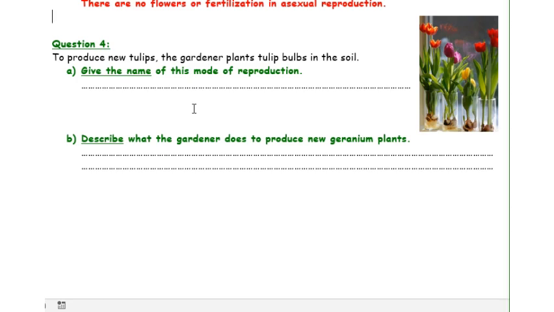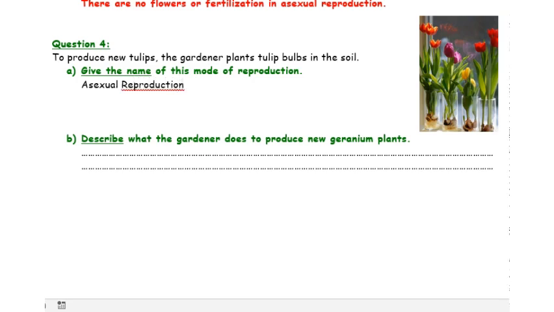We didn't use male or female organs, no pollination, no fertilization in this reproduction. So for sure it's the asexual reproduction or vegetative propagation.